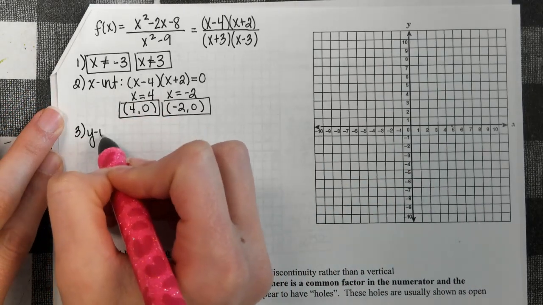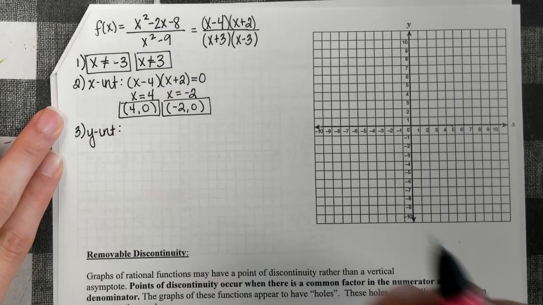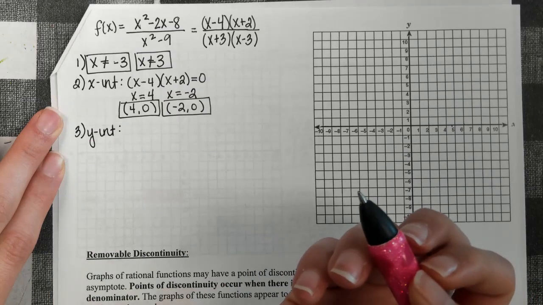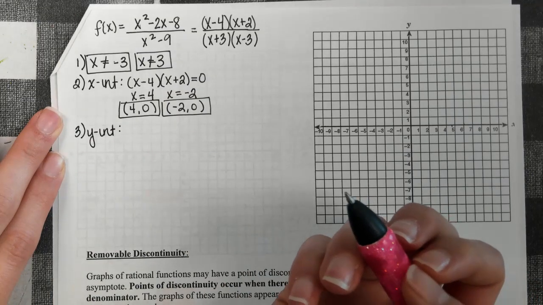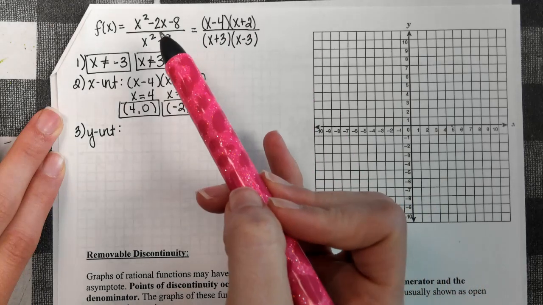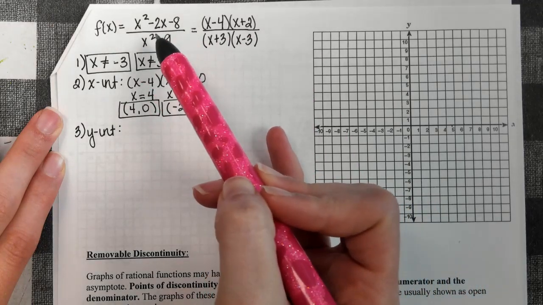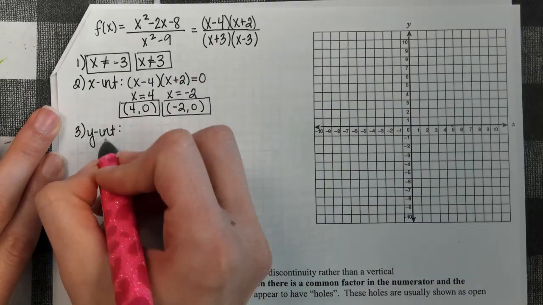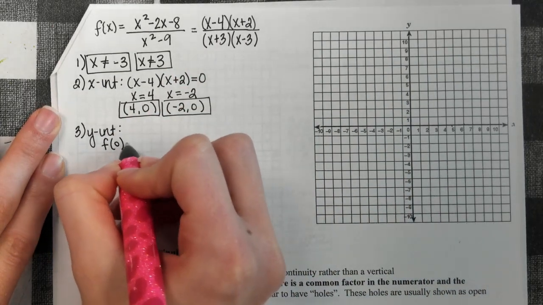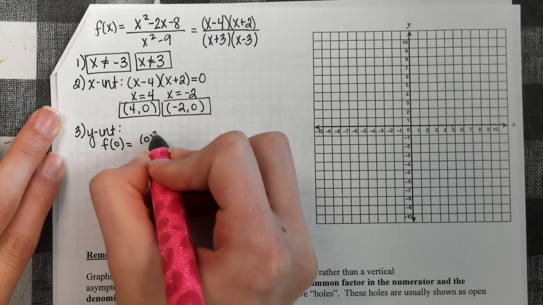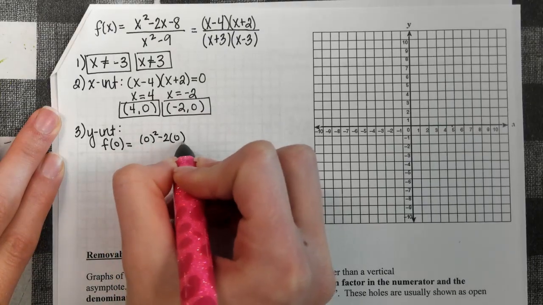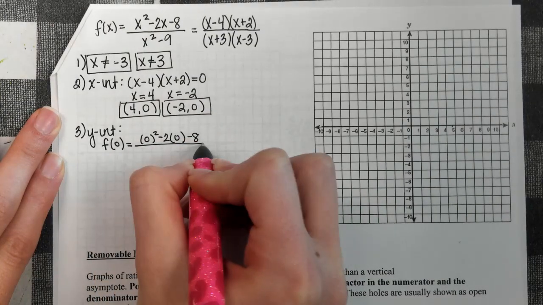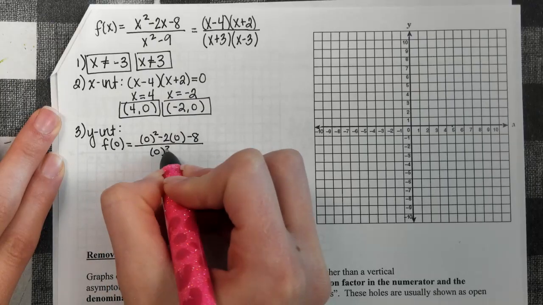So then our y-intercept, we're going to plug a 0 in everywhere we do an x. Now, I personally do that in my original because it's easier to see what that's going to come out to. Okay, so f of 0 tells me I have 0 squared minus 2 times 0 minus 8 over 0 squared minus 9.